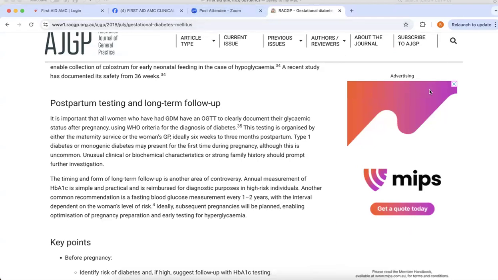RACGP says it is important that all women who had GDM have an OGTT to clearly document their glycemic status after pregnancy. This is usually at 6 weeks. So the 6 weeks one is fine.